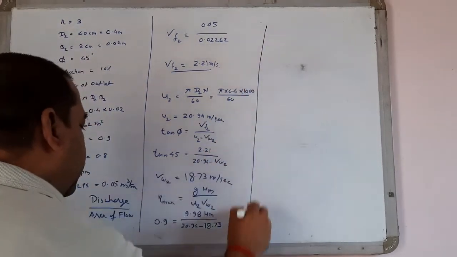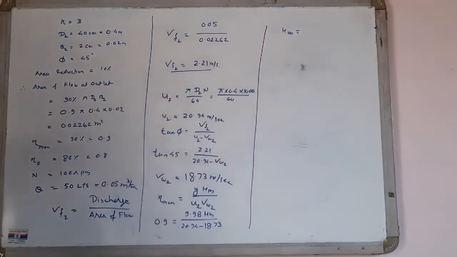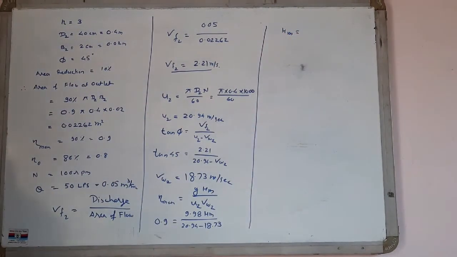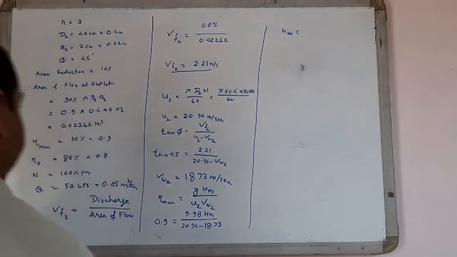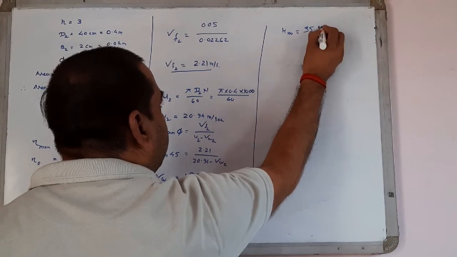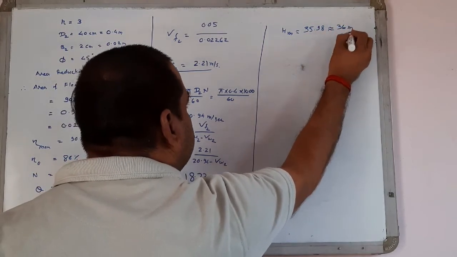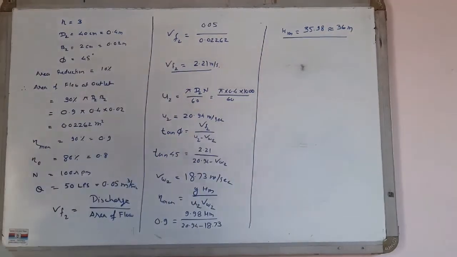So here we will get the value of HM, and this head is 35.98 meter, that is equal to 36 meter, the head generated by the pump.